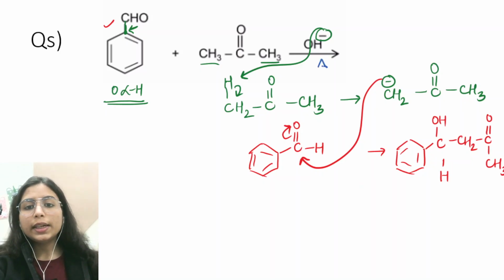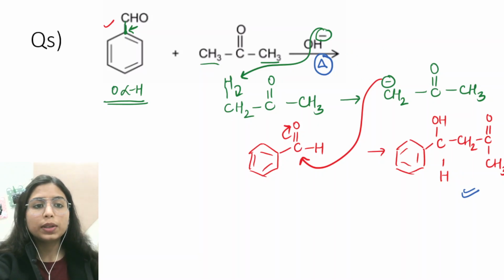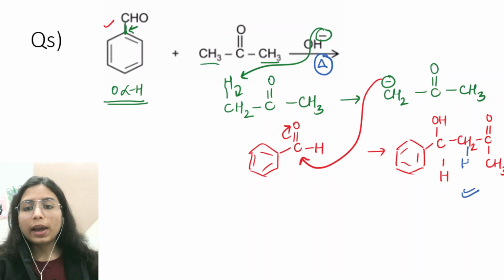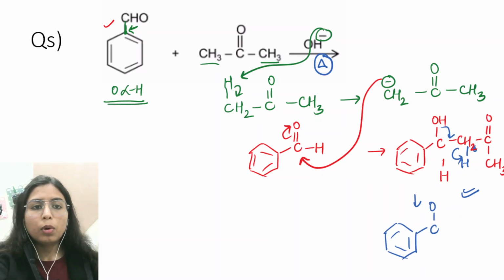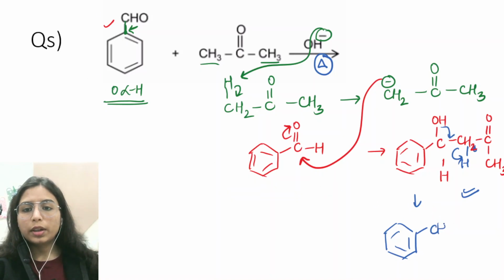Now here, since heat is not mentioned, you have to stop here only. In case heat was mentioned, then you just need to eliminate one hydrogen from this. So OH and H will get eliminated to give you your alpha beta unsaturated product, which is CH double bond CH CO CH3.